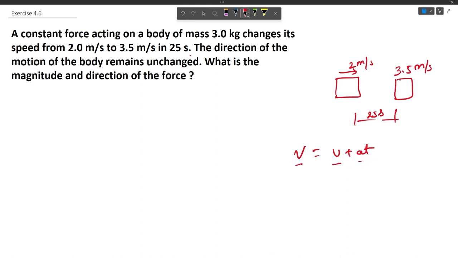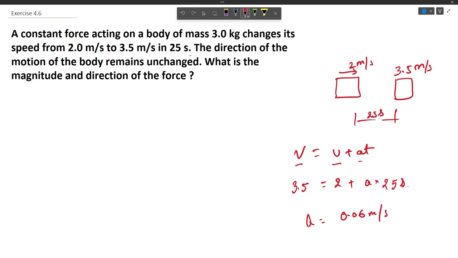Here the final velocity is 3.5 meter per second, so 3.5 equals the initial speed, 2 meter per second, plus a, the acceleration we have to find, multiplied by the time interval, 25 seconds. Now acceleration from this equation would be 0.06 meter per second square.